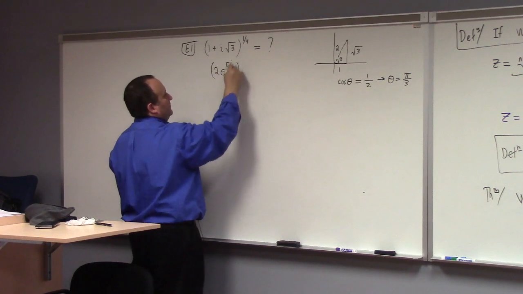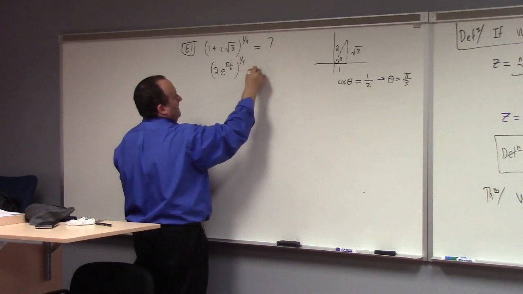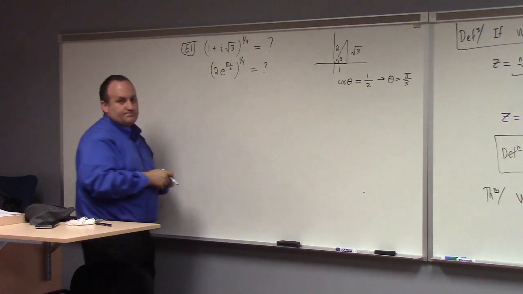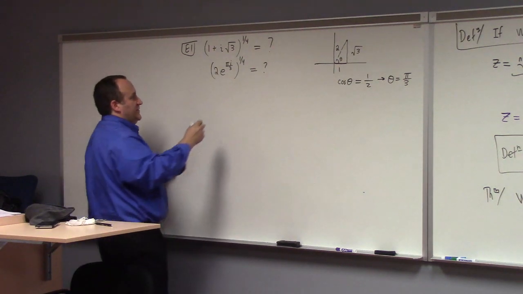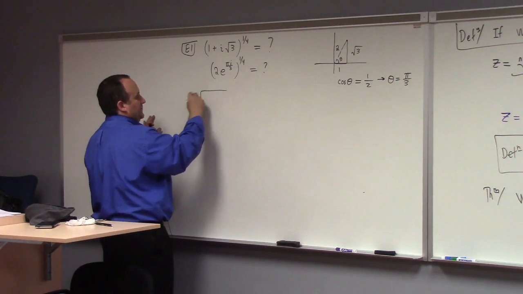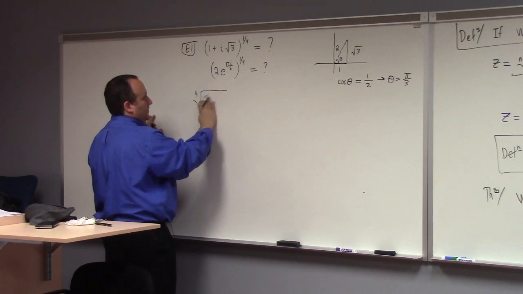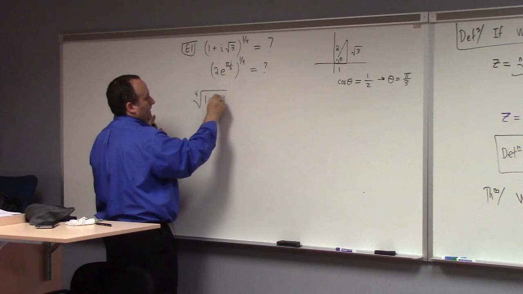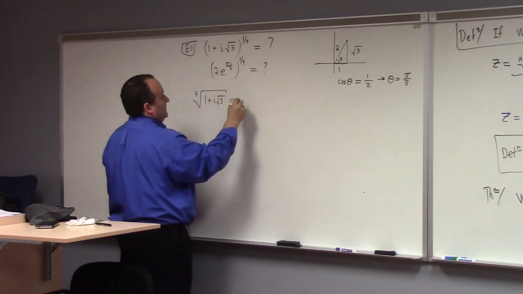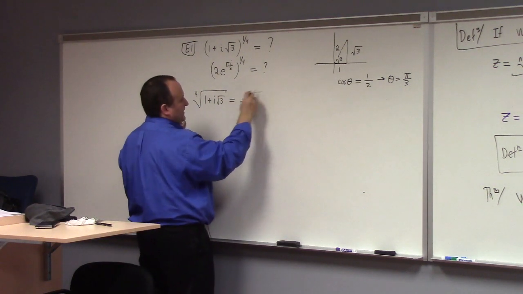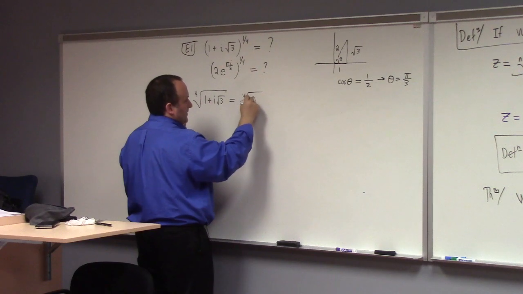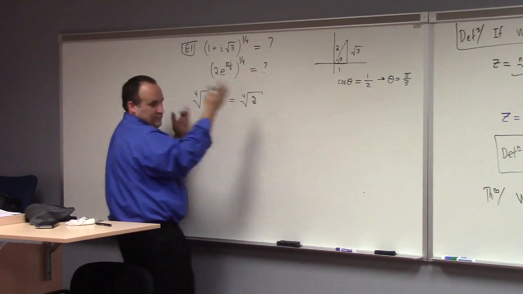We're trying to find the fourth roots of this guy. So first order of business, let us calculate the principal fourth root of this number. That's just the plain old fourth root of 2, and whatever that is, it is.